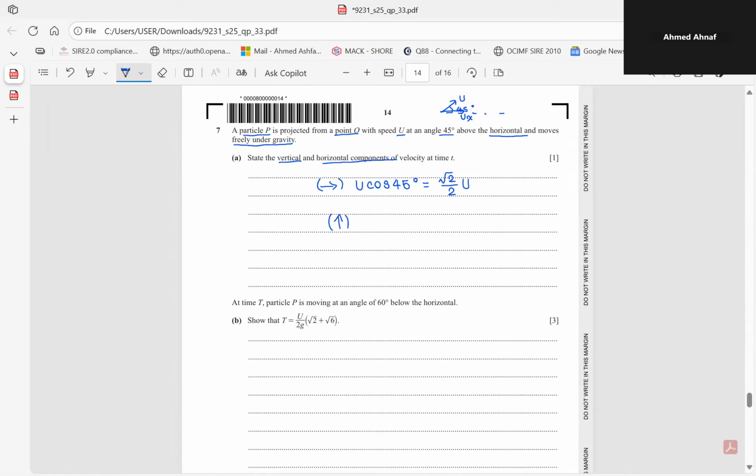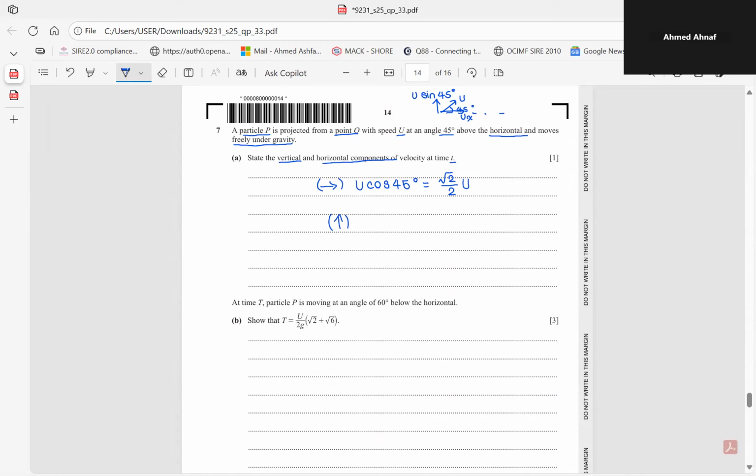As for the vertical component, the initial component would just be u sine 45. But then that one will get affected because gravity is acting vertically, so it's going to cause it to decelerate vertically as well.